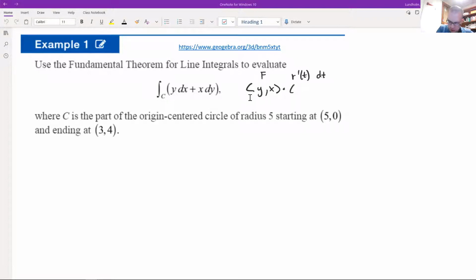And the tangent vector, you could think of that as being the derivative of the x component and the derivative of the y component, dx/dt and dy/dt. Sorry, I forgot how I was going to write that. I needed to write it in terms of differentials.